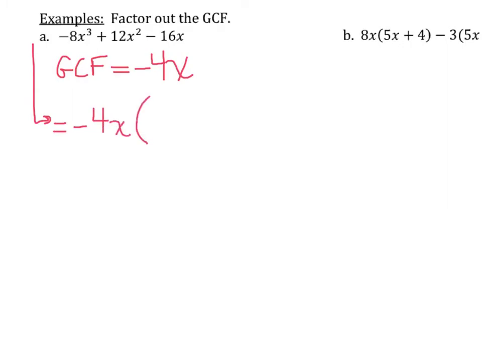And remember, anytime you have an expression and then a parentheses, there's understood to be a multiplication. So this is my multiplication that I see right here. Inside the parentheses, I'm actually going to divide. I'm going to take that 8x cubed plus 12x squared minus 16x, and I'm going to divide it by my GCF.